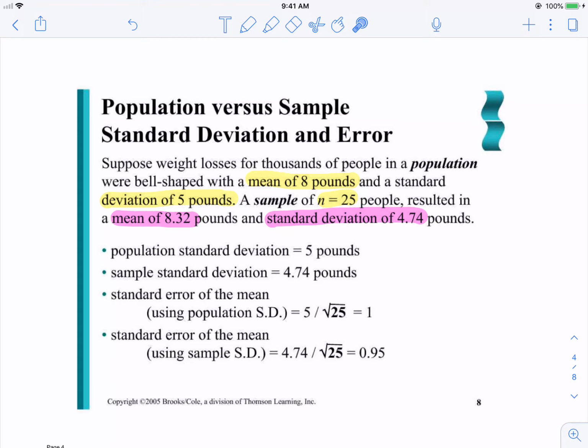So the standard error calculation with the population standard deviation, 5 divided by the square root of 25, gives us a standard error of 1. But if we substitute in our sample standard deviation of 4.74, again, it gets us a pretty close answer of 0.95. Now, in some cases, this is a better representation.